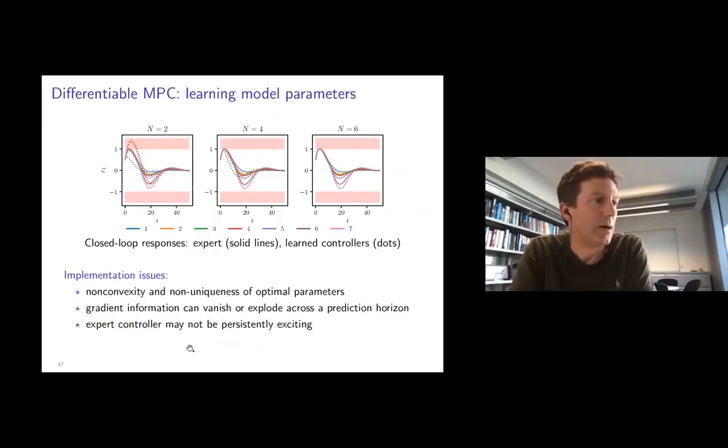And then a key point here is that the expert controller may not be persistently exciting. So this is a motivation for trying to introduce persistency of excitation constraints into the predictive controller.